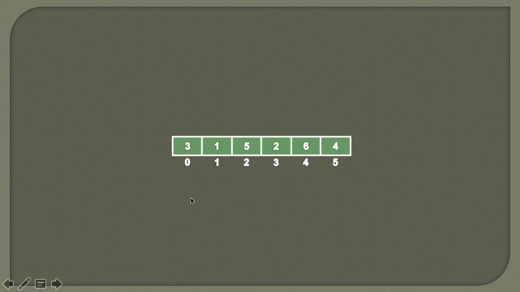So friends, in our previous slide we discussed that we divide the array into two parts: the sorted part and the unsorted part. When we start our algorithm from the second element, the elements to the left are sorted and the elements to the right are unsorted.